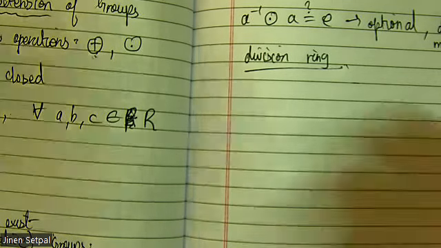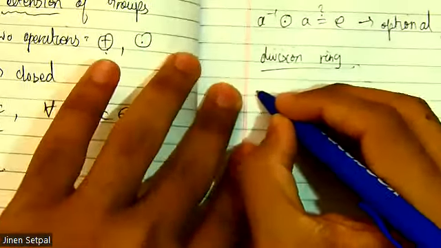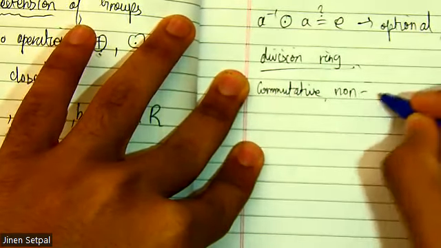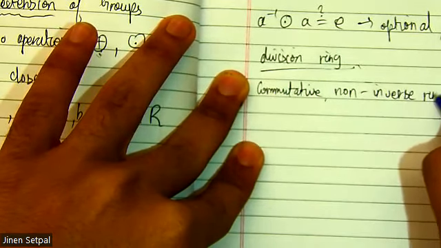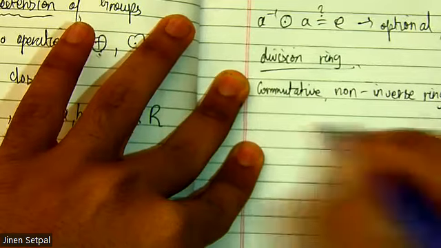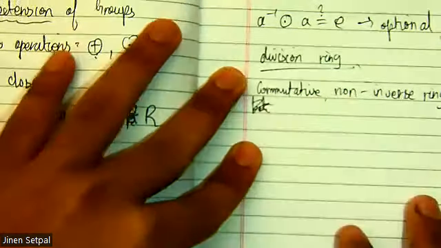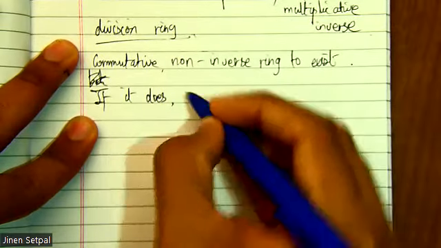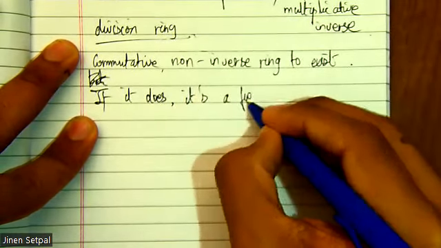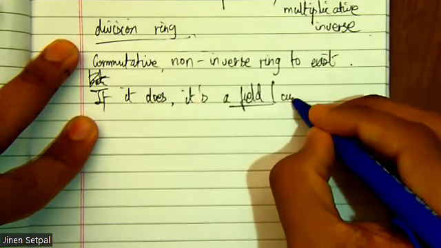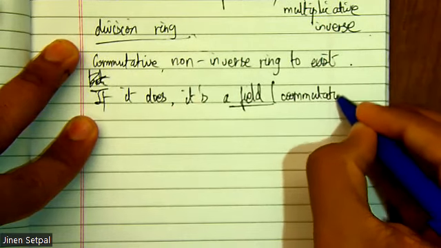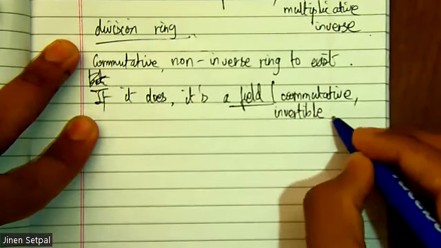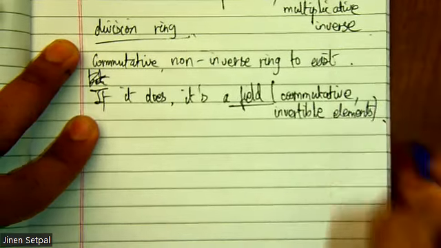That definition is basically ingrained into that of a ring. Commutative, invertible elements.